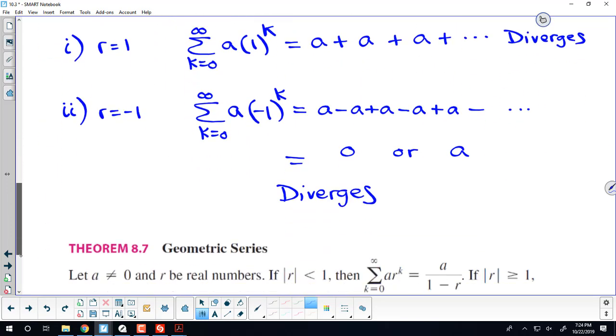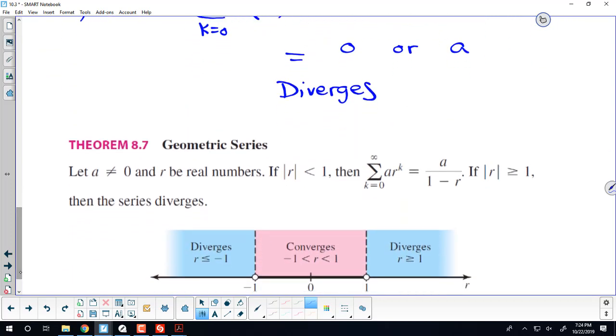So the geometric series, the sum from k equals 0 to infinity of a times r to the k. And notice it's just the common ratio r to the kth power, right? It's not r to the 5k or r to the 3k. It's just r to the k. Also worth pointing out, when k is 0, that causes our first term to be a, right?